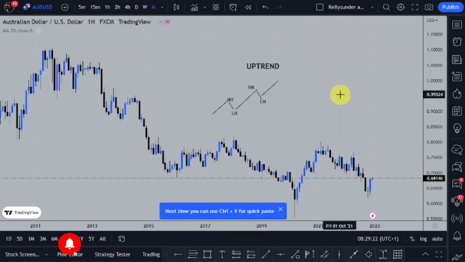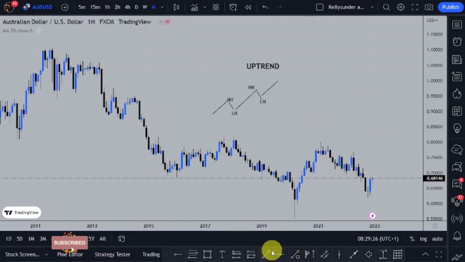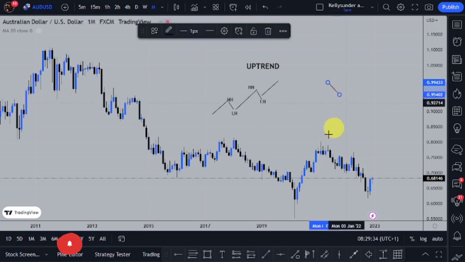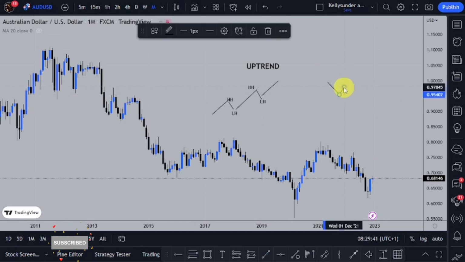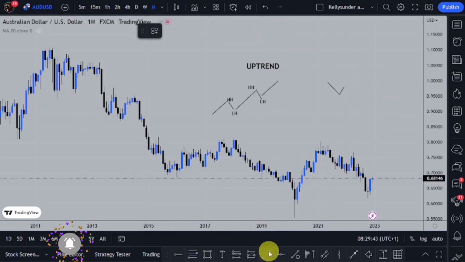But when the market is in a downtrend, what are you going to be seeing? You'll be seeing market structures like a lower low, then a higher low. When you see a lower low forming, then you now see a higher low, then you now see another lower low, breaking lower. You understand?